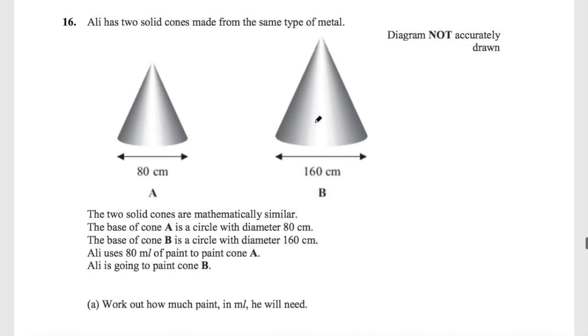So there's a rule about solids, at least about the solids we talk about in GCSEs, that are similar. If we have a linear measurement, we can find the linear scale factor between the two similar solids.